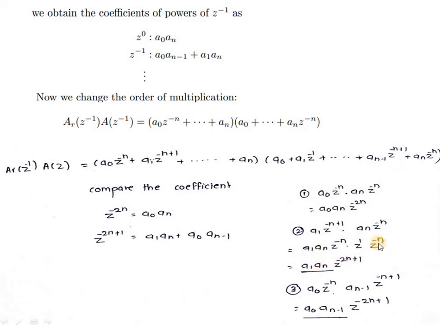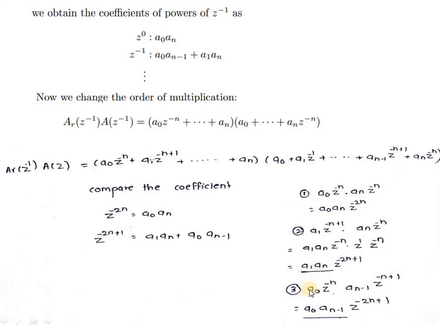Z raised to minus n into z raised to minus n becomes z raised to minus 2n, and because of the z raised to 1, we get minus 2n plus 1.